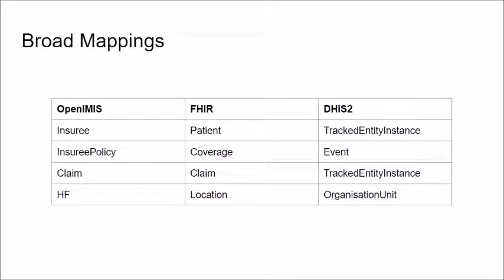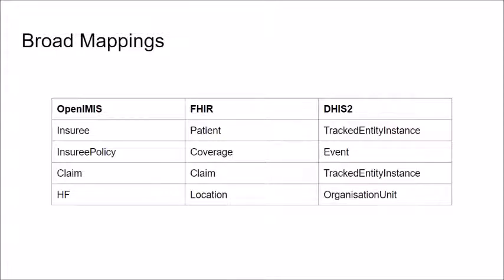So I'll just go through the broad mappings that we have done. All the indicators that we figured out that we will bring into DHIS2 fell into these four broad domains: insuree, policy, claim, and health facility.